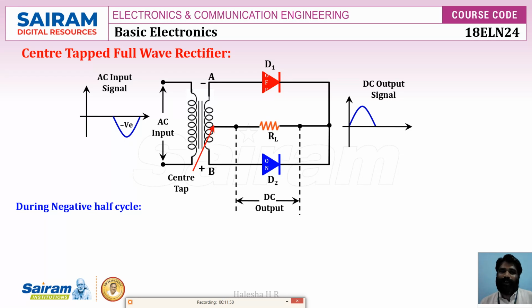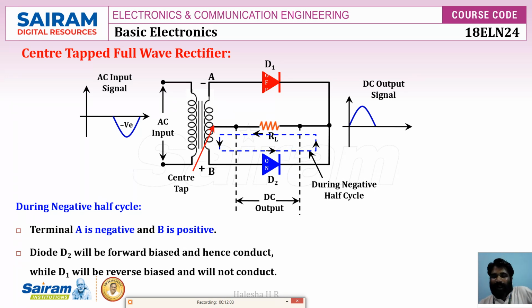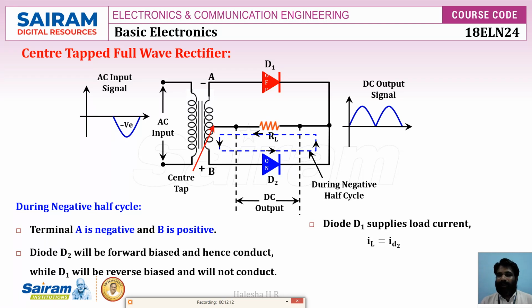And during the negative half cycle, terminal A is negative and B is positive. It makes diode D1 reverse biased and D2 forward biased. So this is the direction of current flow during the negative half cycle, and so hence it allows negative half cycle also, but voltage is reversed because, observe, it supplies current through D2, so IL is equal to ID2, so output voltage is equal to VI minus VF.